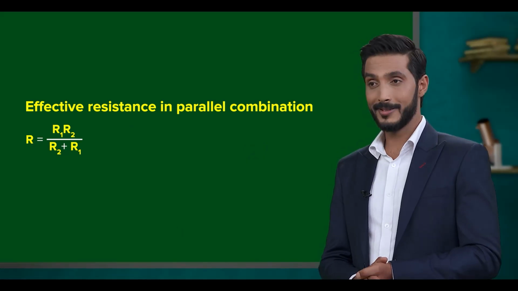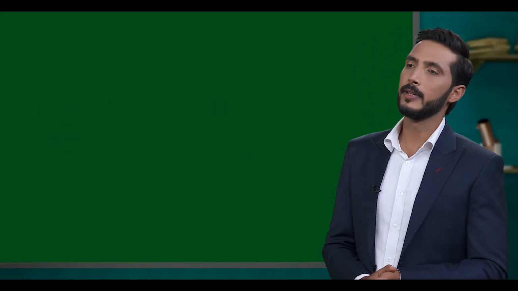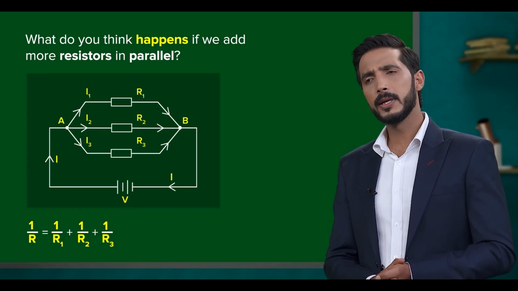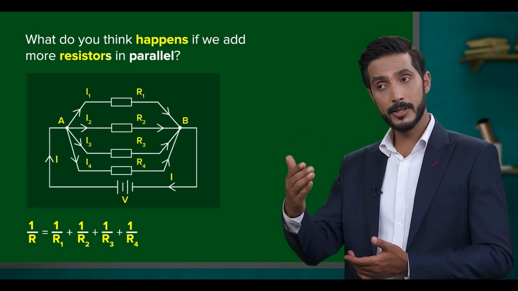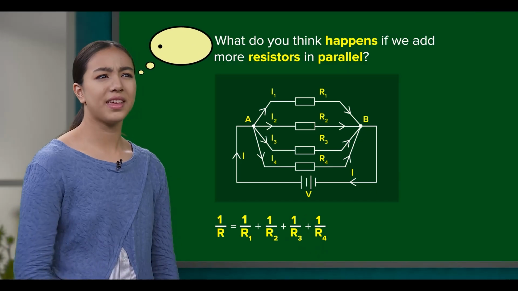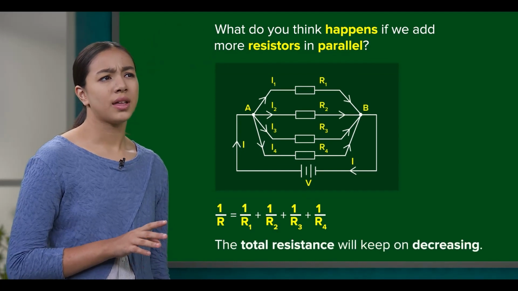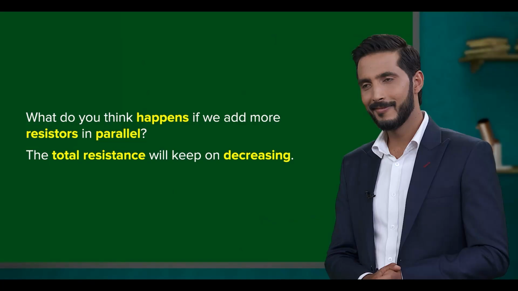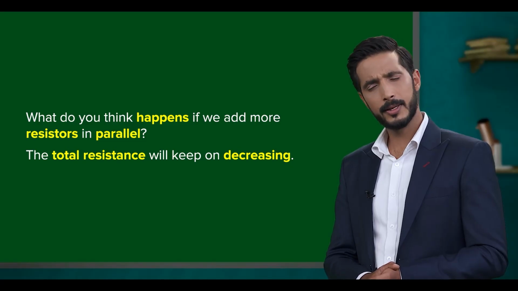It sure is. Since we have already derived the expression of combined resistance, what do you think happens if we add more resistors in parallel? Give me a second here. The total resistance should keep on decreasing. And why do you think that is the case?